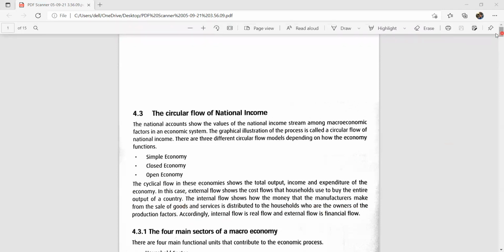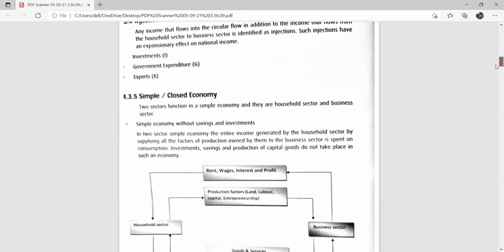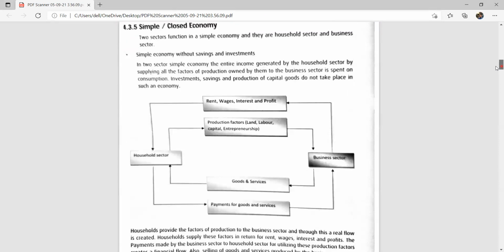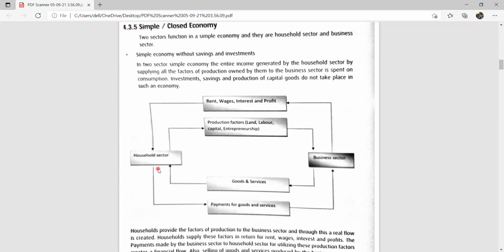There are two types of flows. It is illustrated somewhere here. This is the circular flow model. So the circular flow model includes a simple economy.